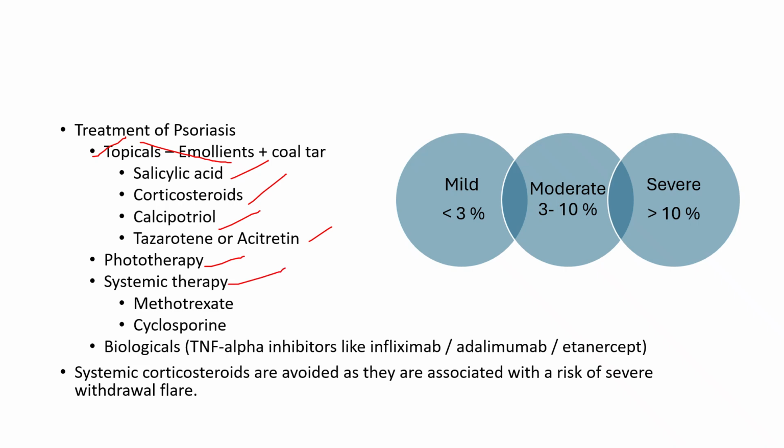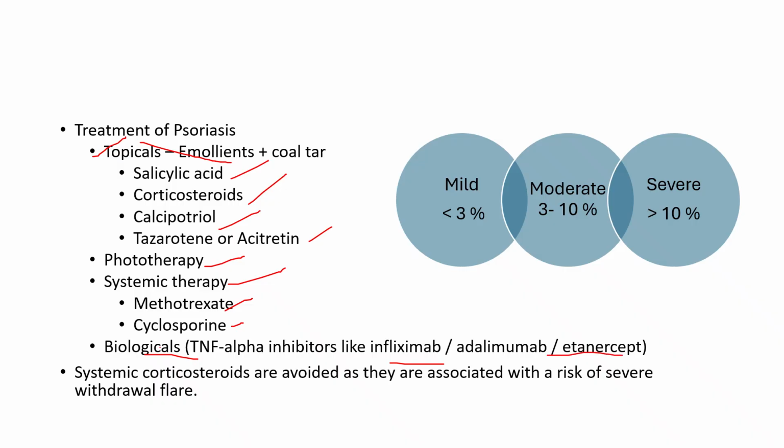If all that fails, you can go to systemic therapy, wherein you use methotrexate or steroid-sparing agents like cyclosporin. The final ones are biologicals, which are TNF-alpha inhibitors like infliximab, adalimumab, and etanercept.